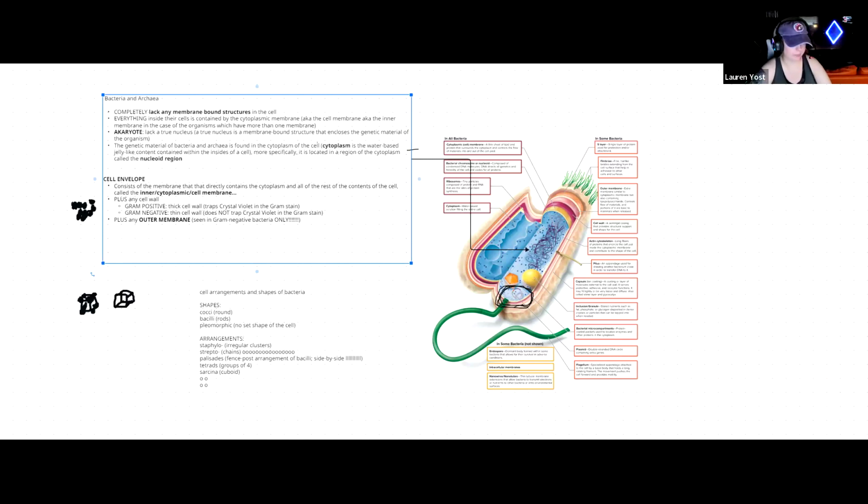mycoplasma. So we've got our cell envelope regarding our gram-positive and our gram-negative with regard to the wall. And so another one that falls kind of under that gram-negative category because there is no cell wall is the mycoplasma. These guys don't have any cell wall, and they therefore have a pleomorphic cell shape.